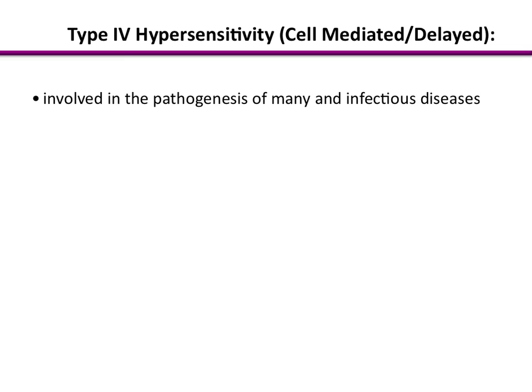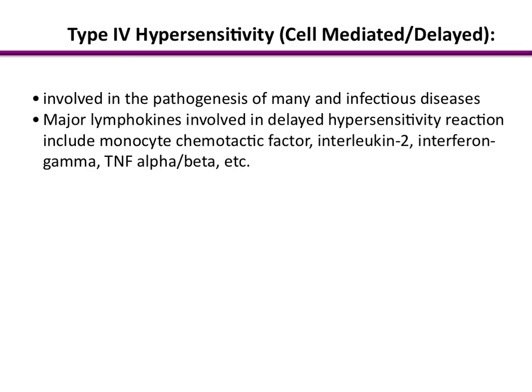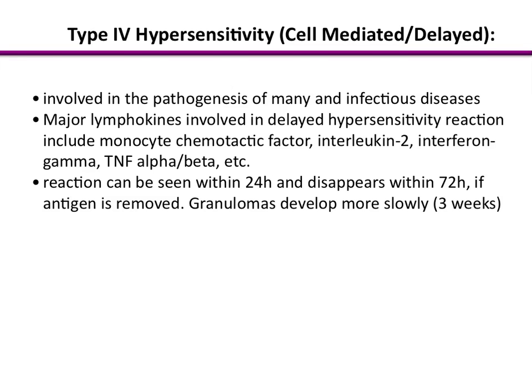So it's involved in the pathogenesis of many infectious diseases, and major lymphokines involved are listed here. Maybe not that exciting for you, but just to remind you that we know quite well the mechanisms, and knowing those mechanisms can allow us to develop more targeted treatment for these diseases, including periodontitis.